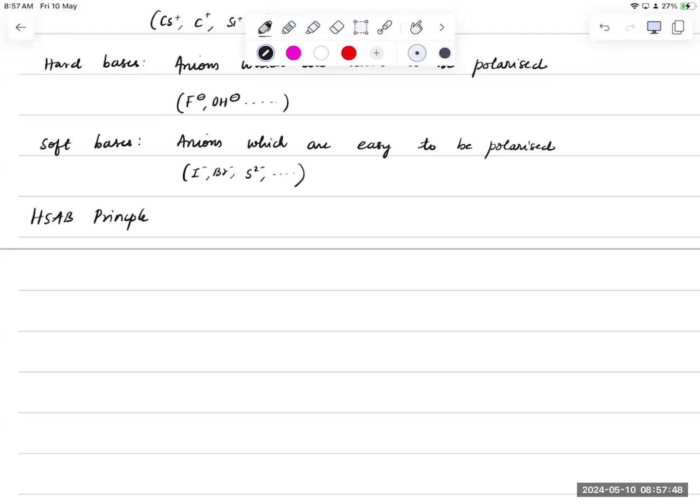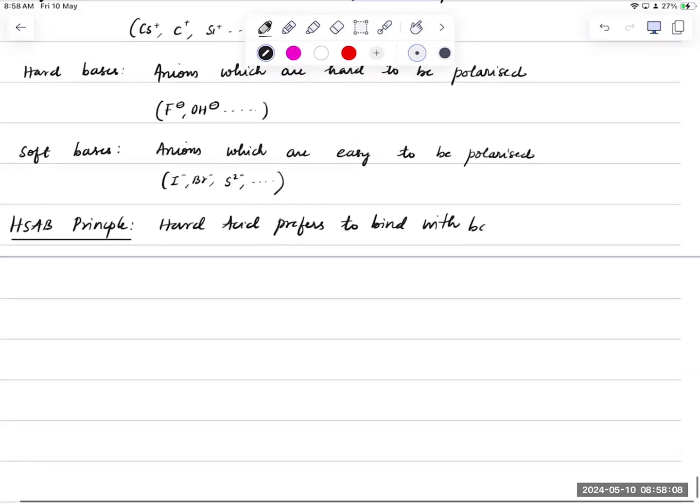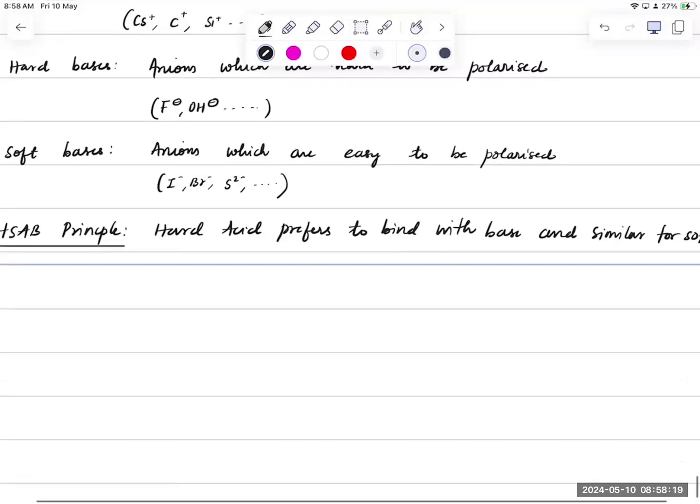The HSAB principle is: a hard acid will always prefer to bind with a hard base, and the same is the case with soft acid. Soft acid will try to bind with soft base.